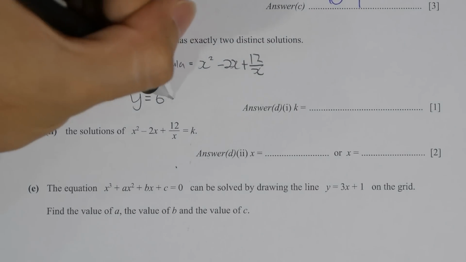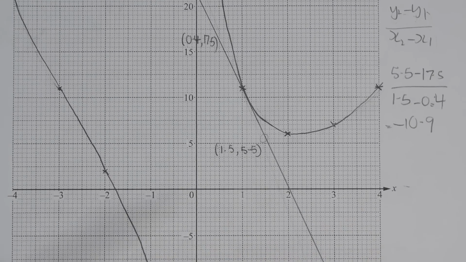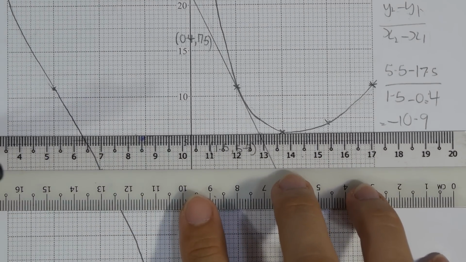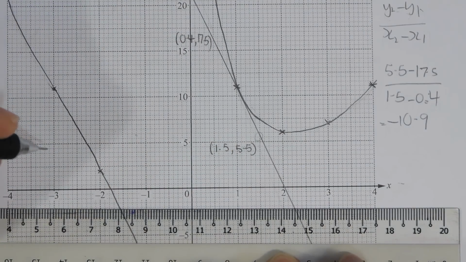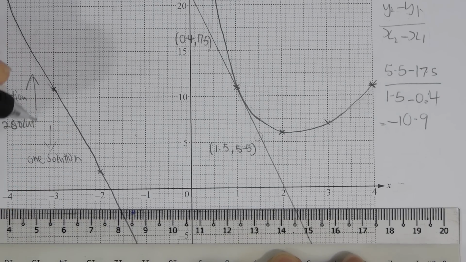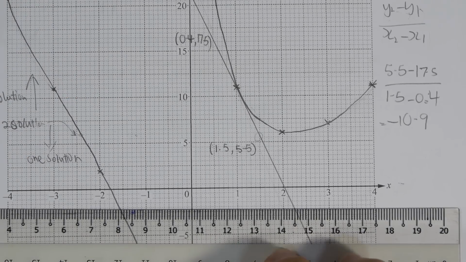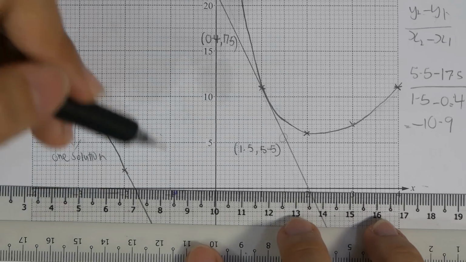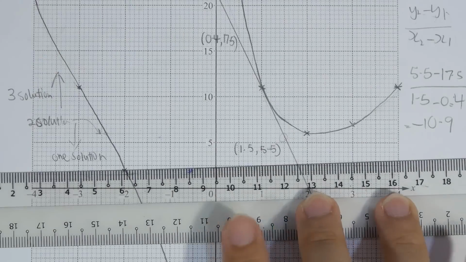Anything below 6 has only one solution when y equals 6, and when y is more than 6, or k in our case, you will have 3 solutions and above. So the exact point where you have only 2 solutions is when y equals 6. And when y equals 6, x has 2 values, which in our case, based on my graph, are negative 2.4 and 2 respectively.